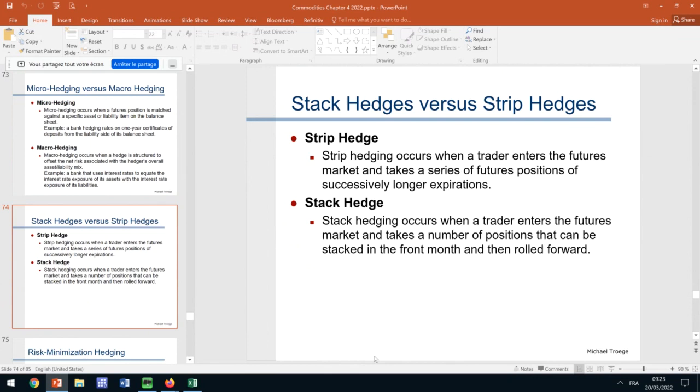There are two strategies actually of doing this. One is, of course, to buy a lot of futures contracts with future maturities, and that's called a strip hedge. So basically, for every production, I buy a futures contract that corresponds to my production date. That's a strip hedge.